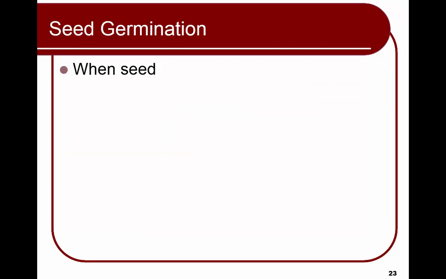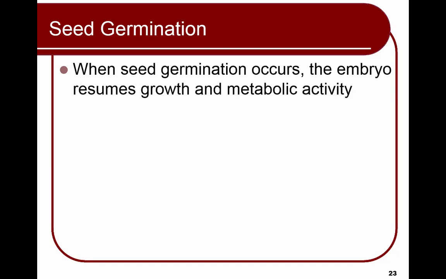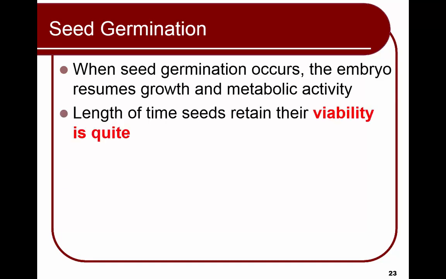Then the seeds have to germinate, where the embryo starts to grow again, and there's metabolic activity that occurs. The length of the time that the seeds retain their viability is very variable. Some of them don't have much of a dormancy, others have a very long time. It just depends.